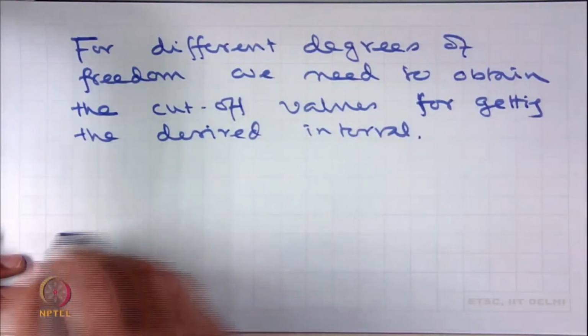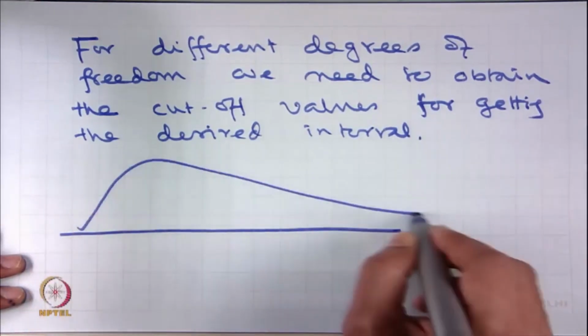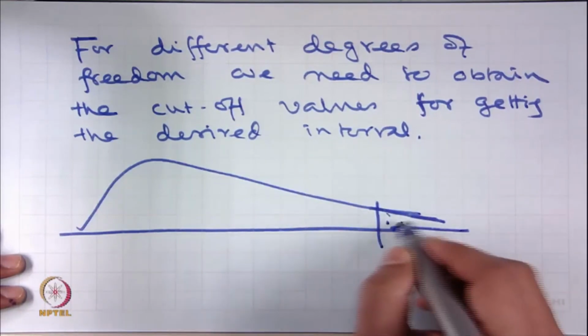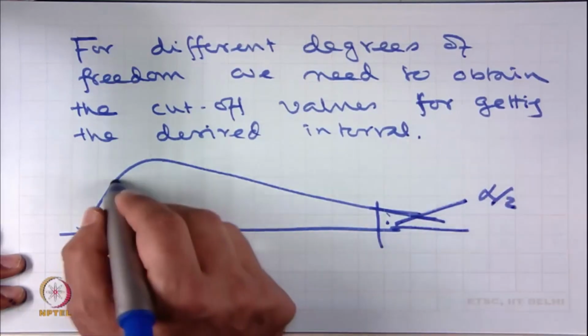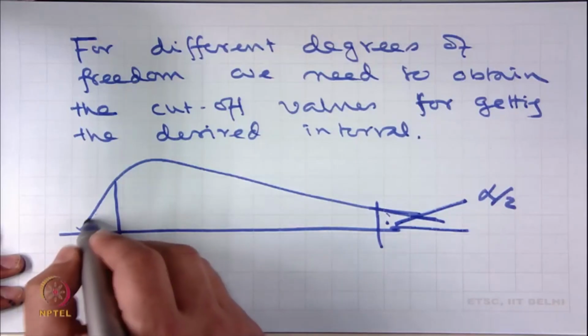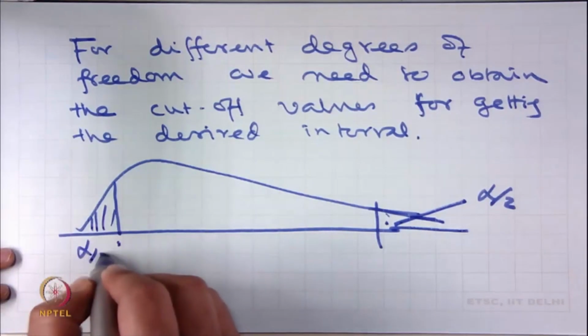Therefore, we will be looking at a value here such that this probability is alpha by 2. We will be looking at a value here such that this probability is also alpha by 2.